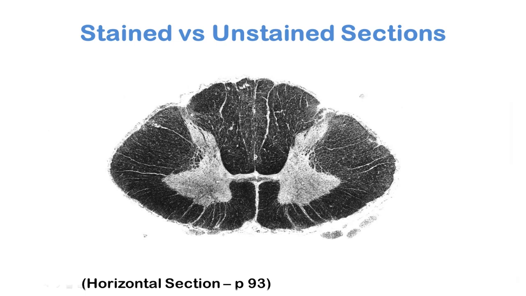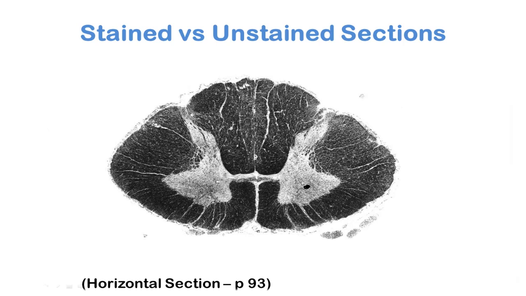Now remember, in a stained section, the myelin absorbs the stain to give it a dark appearance, whereas the cell bodies do not absorb the stain and have a light appearance. So if I asked what was the overall composition of this portion of the spinal cord, you would say that since this was a stained section, since it's lightly stained, it's composed primarily of cell bodies.